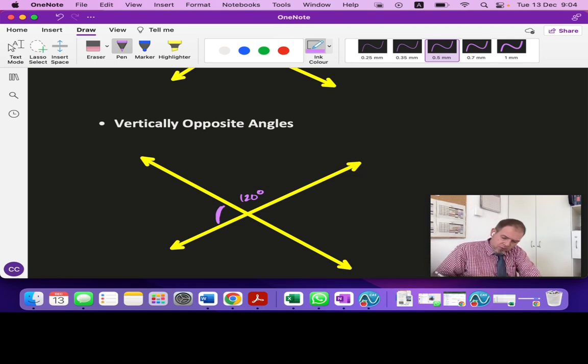Thank you, it's 60. Good work. So if that angle is 60 degrees, and I'm using supplementary angles again, what does this angle have to be? Well, if that's 60 and it's 180 total, that's got to be 120.